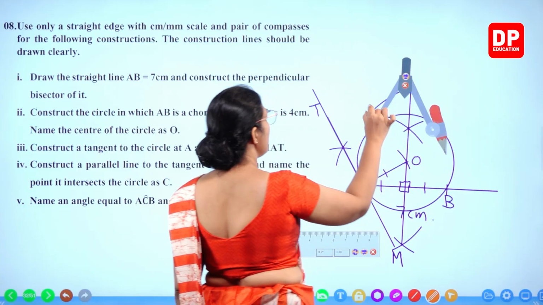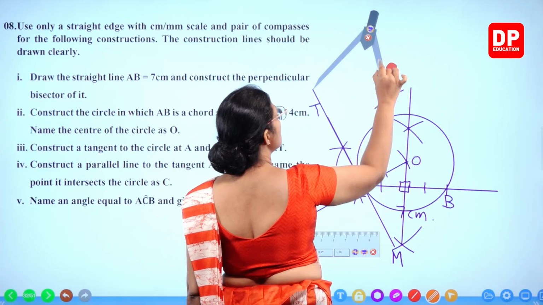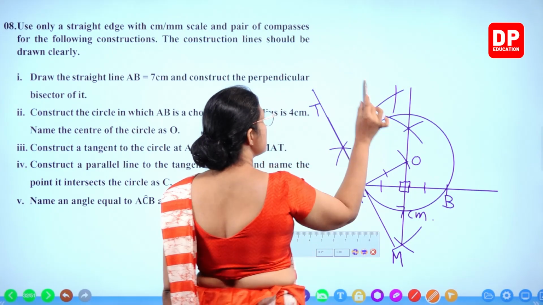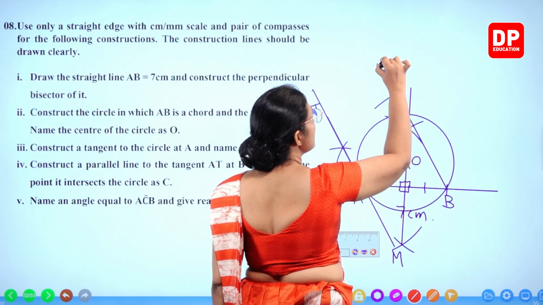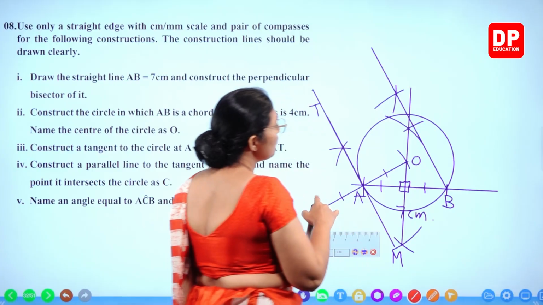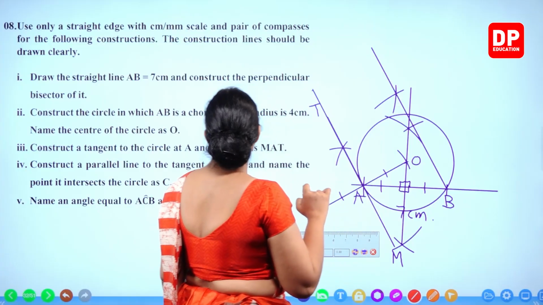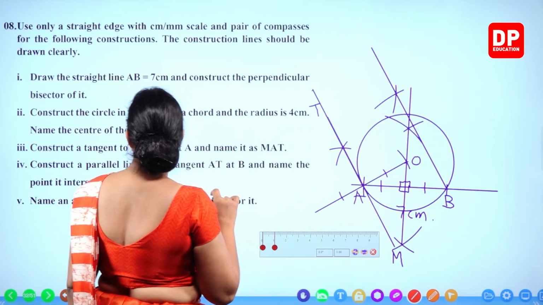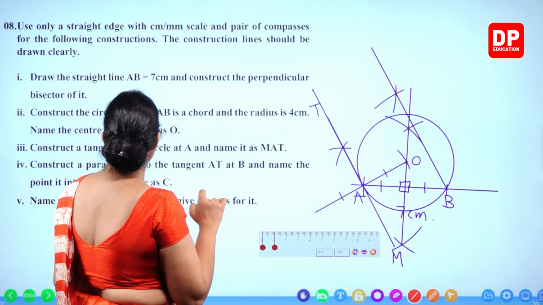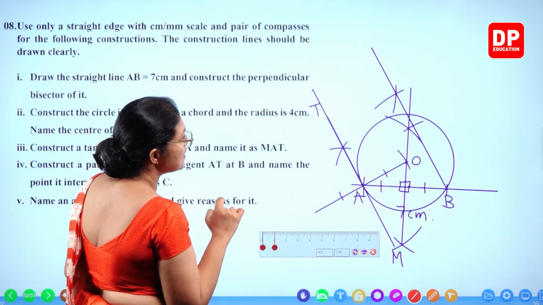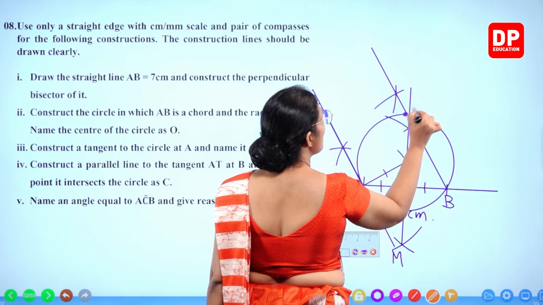Opposite lengths are equal in a parallelogram. And you can mark from T point. So this intersecting point and the B value you can connect. That's a parallel line drawn to AT along B. Then it says the intersecting point with the circle, mark it at C. So this point is C.